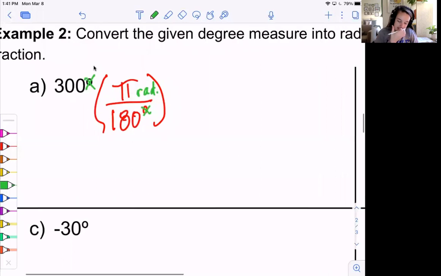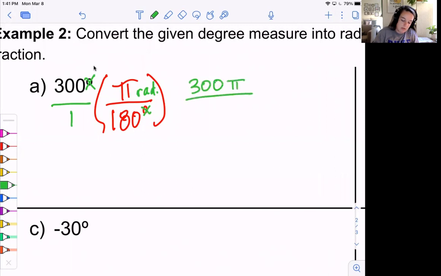So I'm going to go ahead and multiply straight across. Remember, this would be like over 1. So I'd have 300 pi over 180. I can simplify. I know these are going to cancel there. 30 over 18 could become, I could take out 2, but I could also take out 3. Since I can take out 2 and 3, I know I could take out 6.